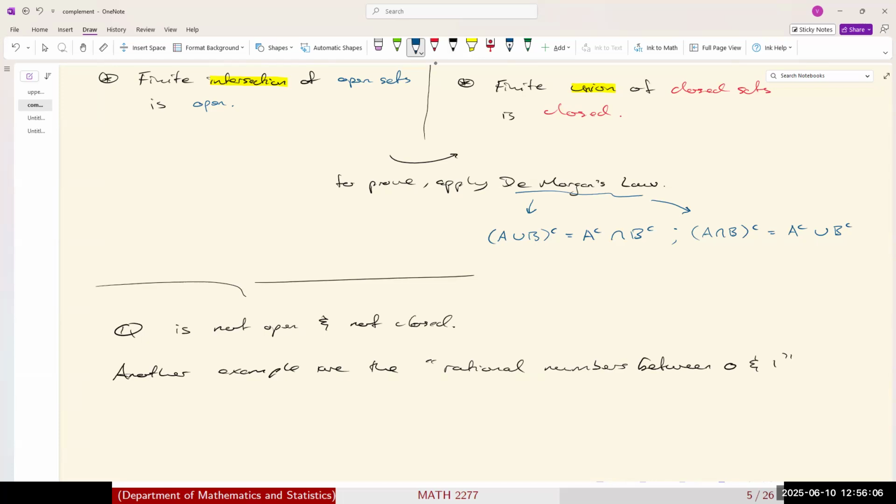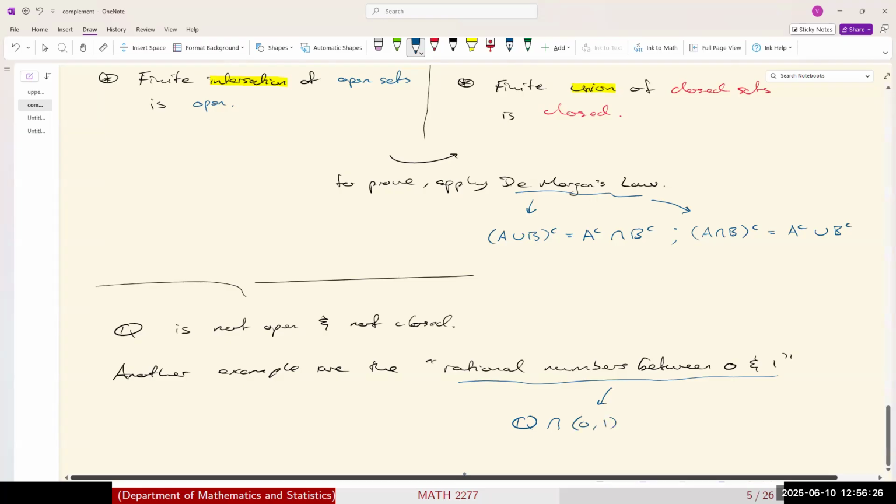So any infinite subset of the rational numbers or any infinite subset of irrational numbers is also not open and not closed. How to write this in set notation? The rational numbers intersection (0, 1). That's how to say the rational numbers between 0 and 1. Or you could pick the rational numbers between any two of your favorite numbers. It doesn't have to be 0 and 1. It could be minus pi and pi, anything.